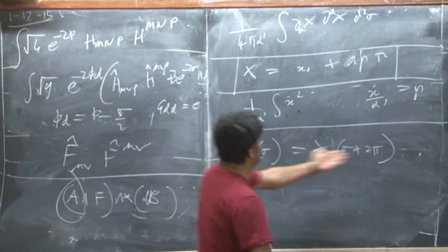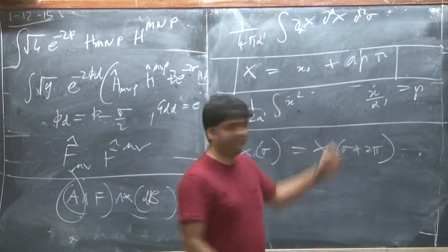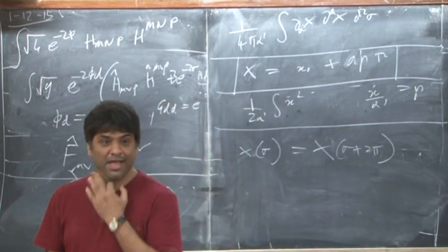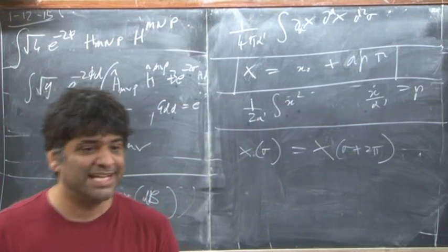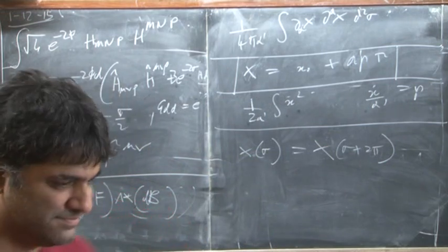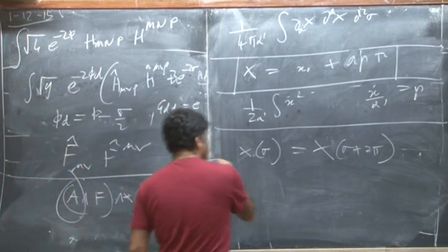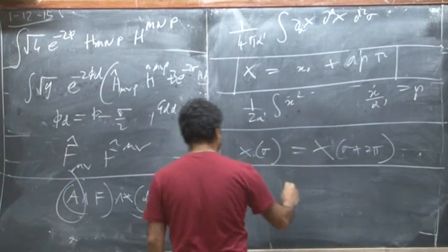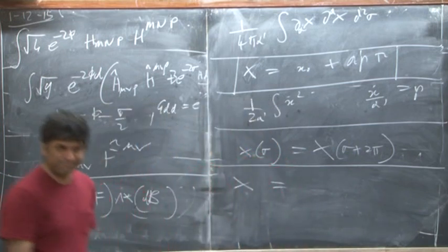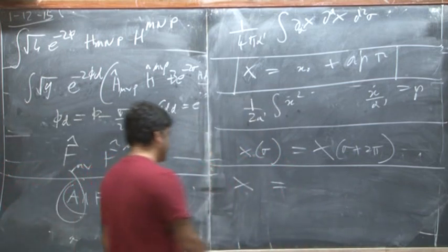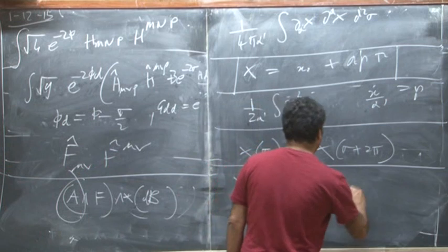Sigma and sigma plus 2 pi were the same point, so the fields had to be the same. But now, suppose x is circle valued. Suppose x is circle valued so that in space time, x is the same thing as x plus 2 pi.